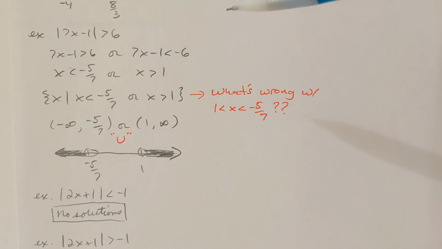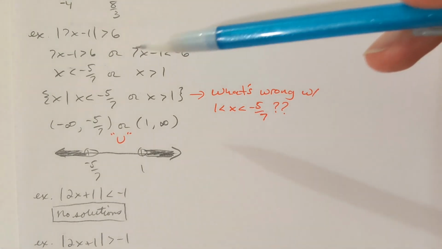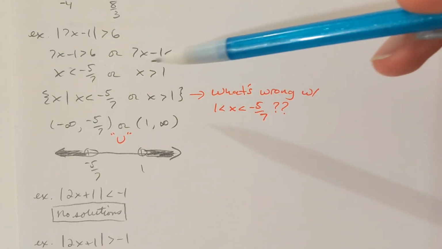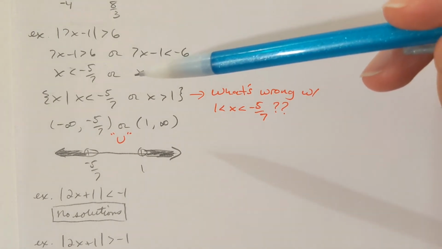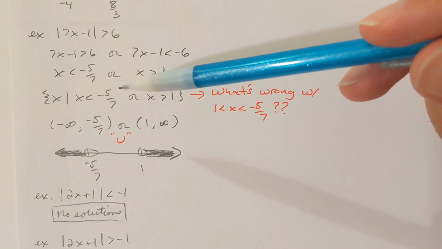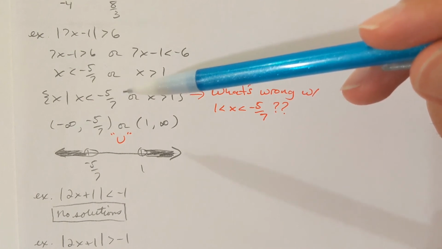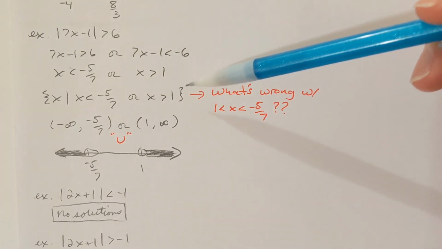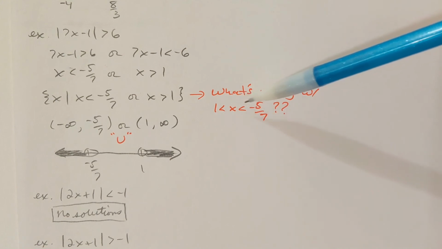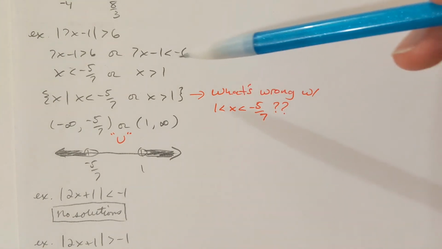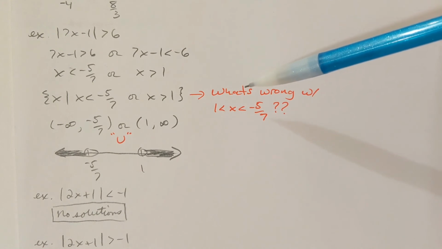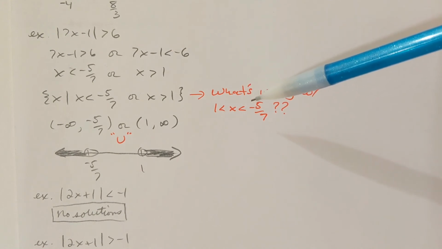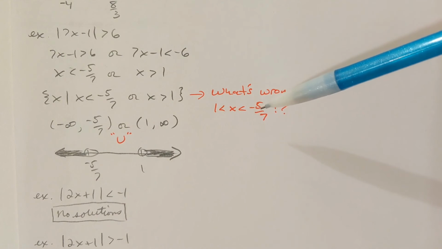Okay? So in all, and I've got this written in such a way that the way that you read it is, the set of all x such that x is less than negative 5/7 or x is greater than 1. Now, what's wrong with thinking about this as a compound inequality and writing it as a three-part inequality?